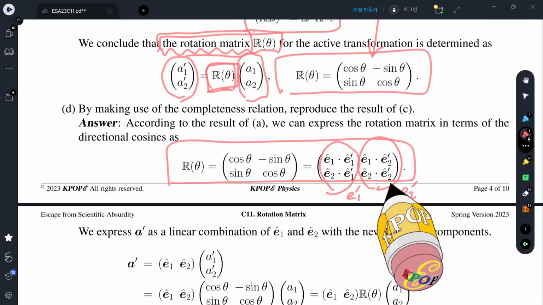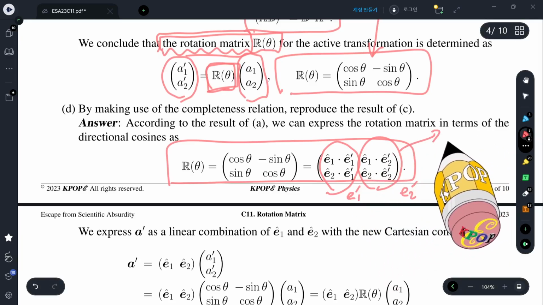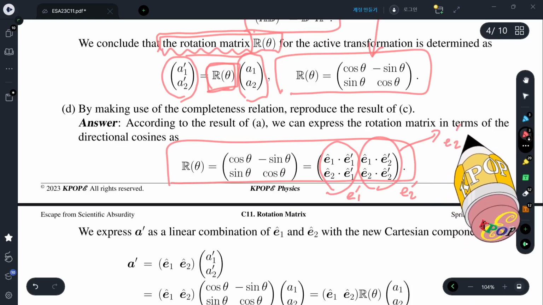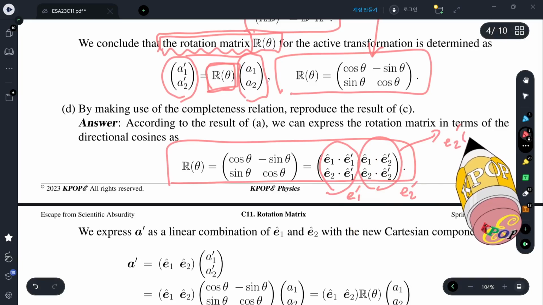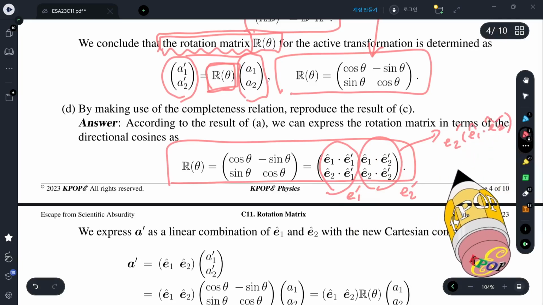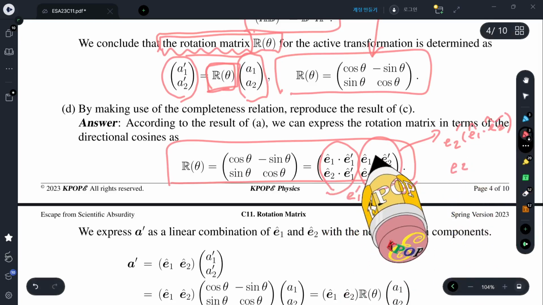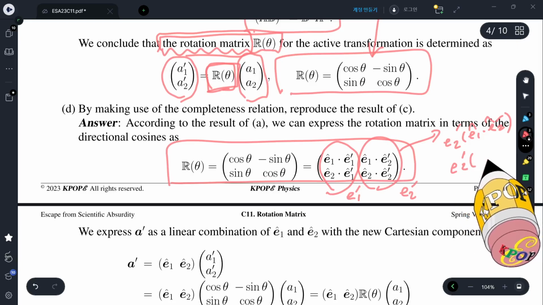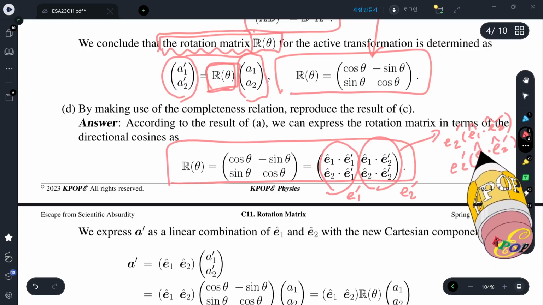And if you copy these two, you can construct E2 prime. If I multiply this one by E2 prime, that is E1 dot E2 prime, something like that. And here E2 prime, that E2.